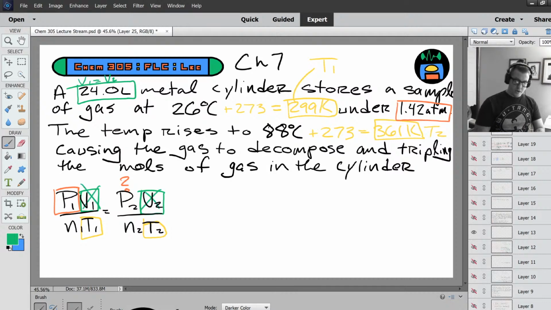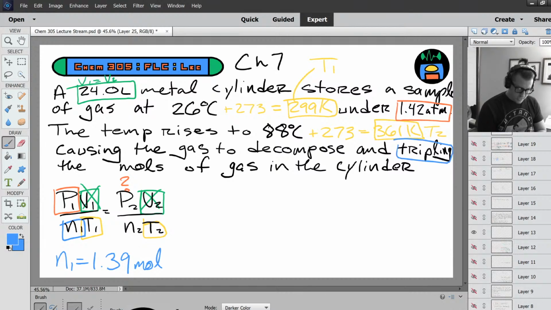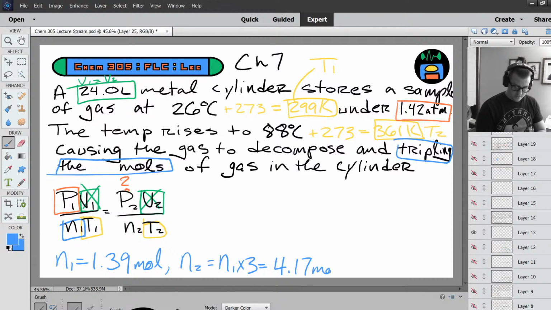With our number of moles, we found N1 during the first step of this problem, and it was 1.39 moles. N2 is found right here. We're told that the decomposition triples the moles of gas. So N2 is equal to N1 times 3. When you triple, N2 equals 4.17 moles.